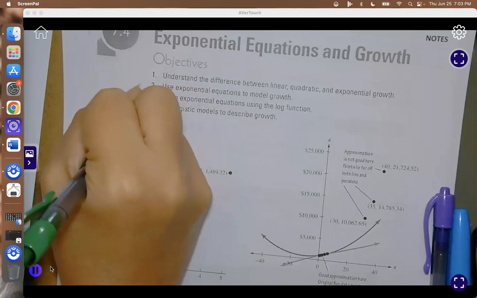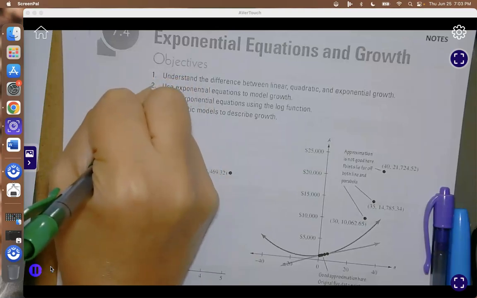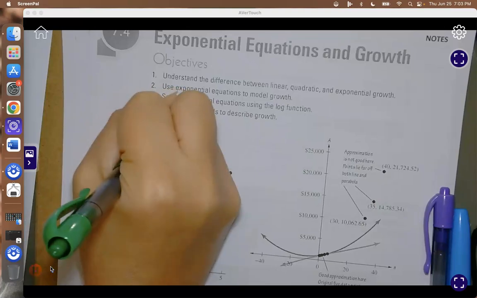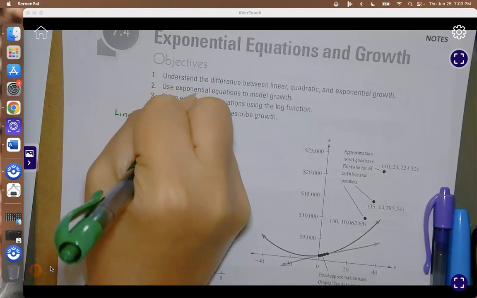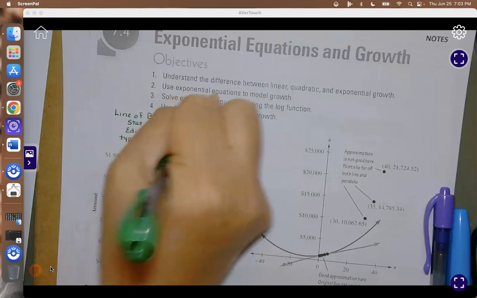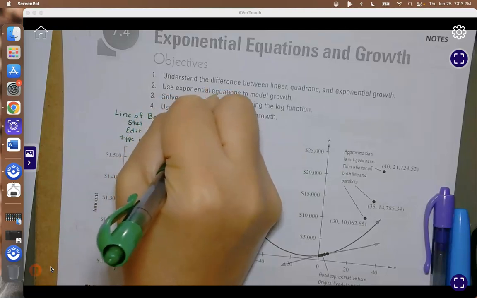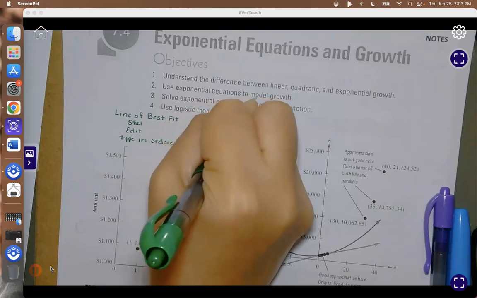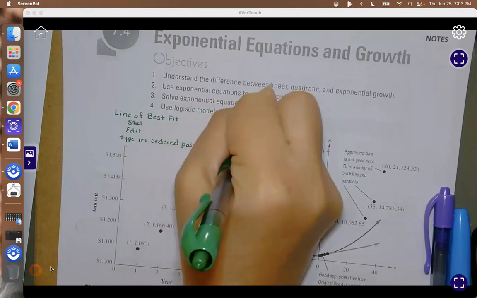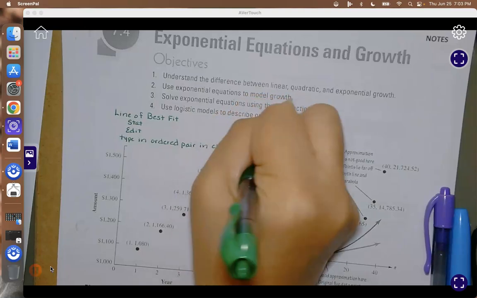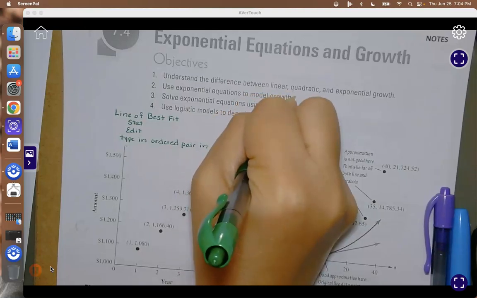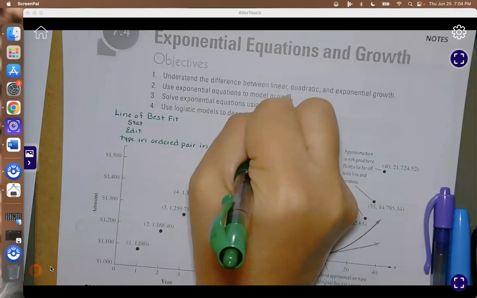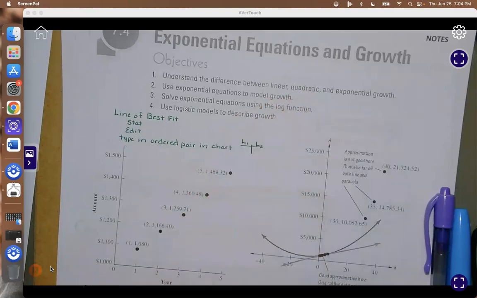then we would type in ordered pairs in the chart. Remember, our chart had to be like L1, L2. Okay, and that's how we typed them in.